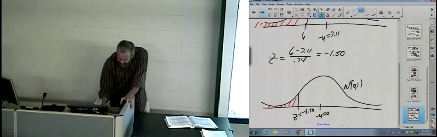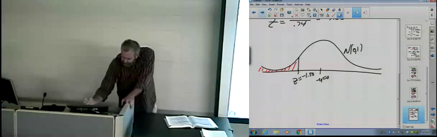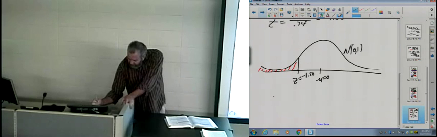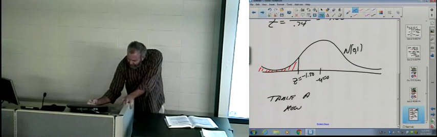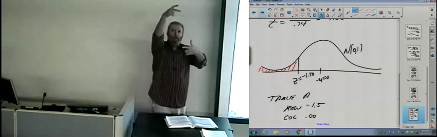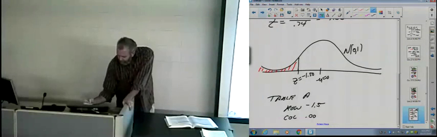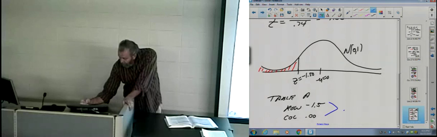And every time that I get to this point, you know I'm running for table A. This time when I go to table A, my row is going to be the minus 1.5 row. The column is going to be 0.00. You're going to find minus 1.5 row, 0.00 column, read across, read down. You get a number of point something, something, something, 668.